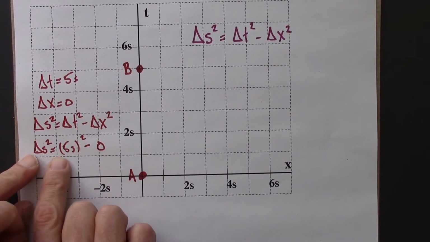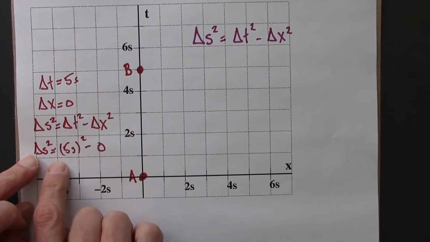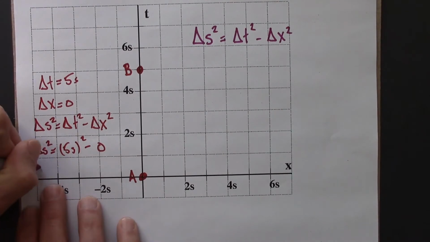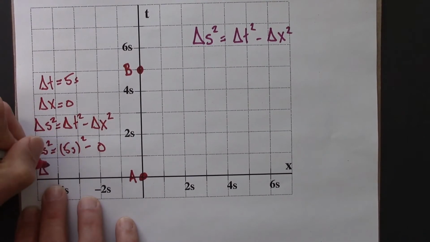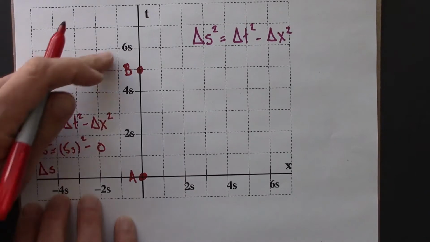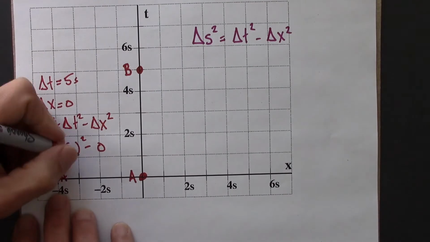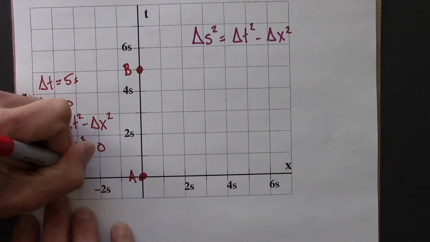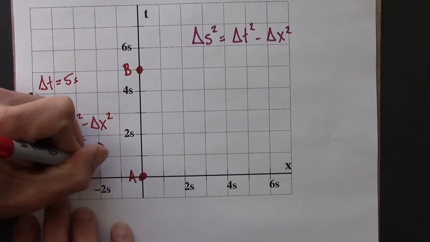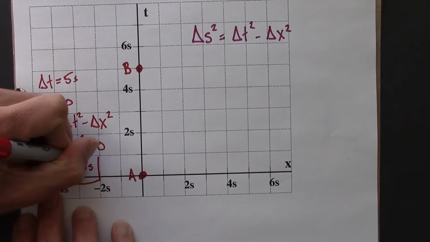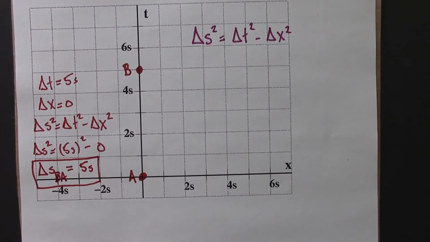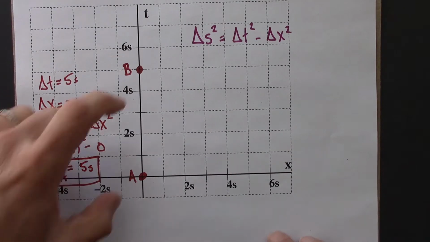So delta s squared is 5 seconds squared. So delta s is 5, just taking the square root of both sides. So delta s between A and B is 5 seconds.